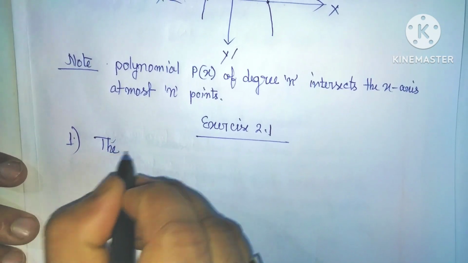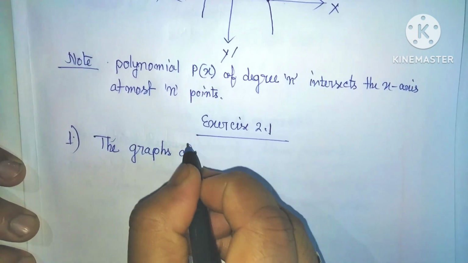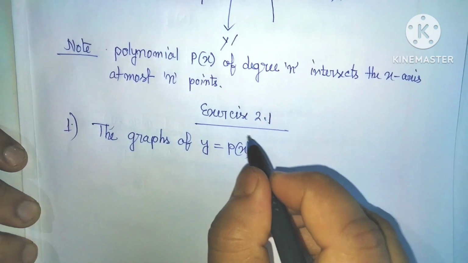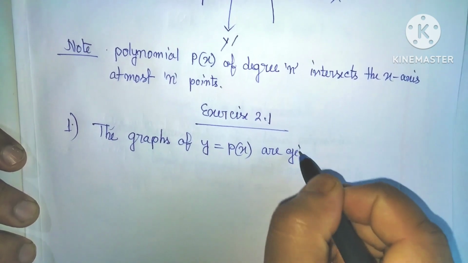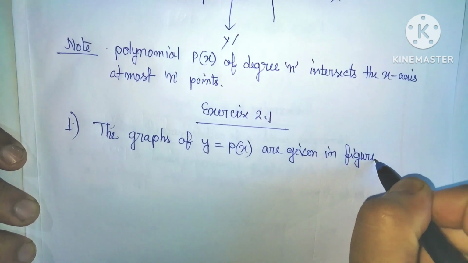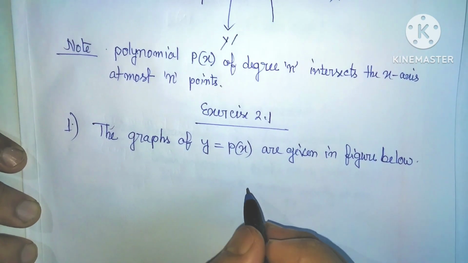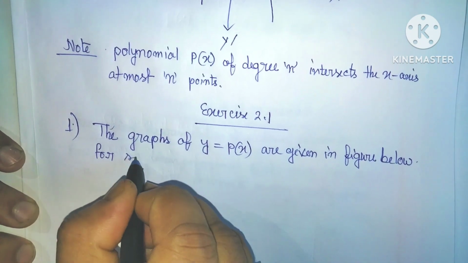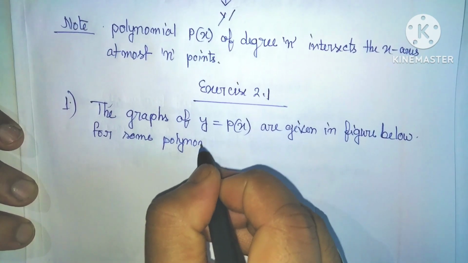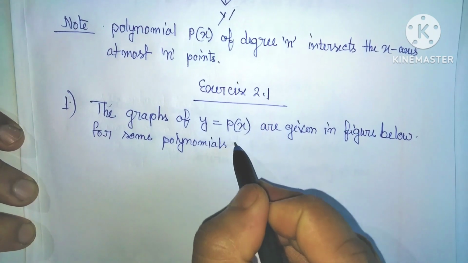The graphs of y equal to p of x are given in the figure below for some polynomials p of x.